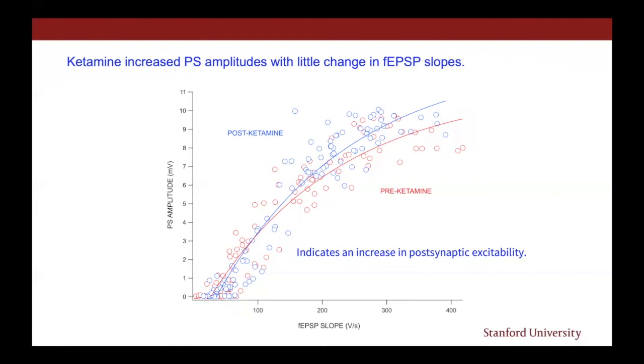As you can see, there was an increase in this curve, which indicates an increase in postsynaptic excitability rather than synaptic transmission. This is because the FEPSP slope value remained the same before and after ketamine application, but for the same EPSP slope, there was a larger population spike amplitude produced post-ketamine application compared to pre-ketamine application.